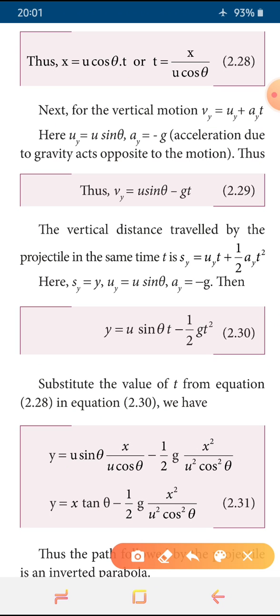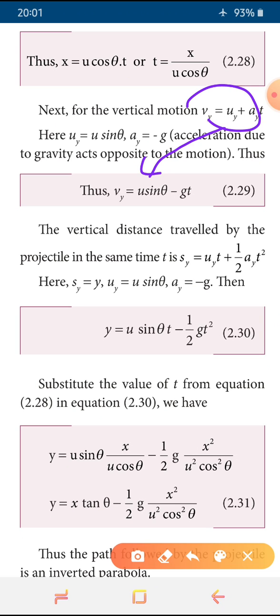From A till reaching the ground at point B, it is moving down, it will be taken as plus. And here ay will be taken as g. Then after substituting the terms, the equation becomes vy is equal to u sin theta minus gt. This is equation number 2.29.